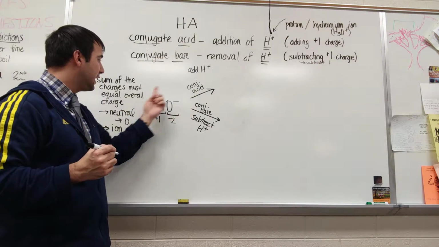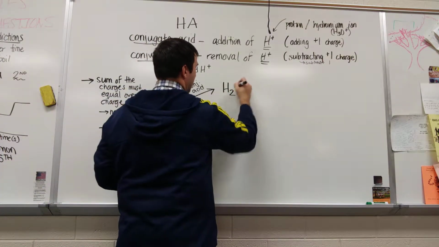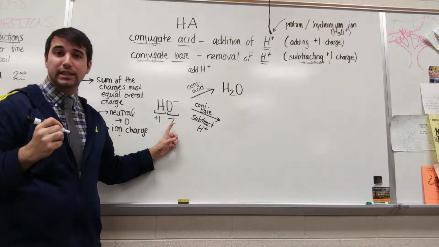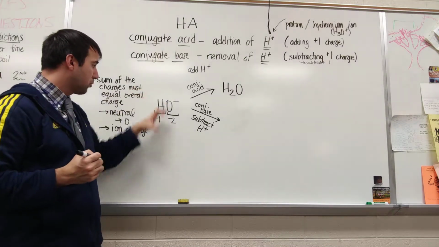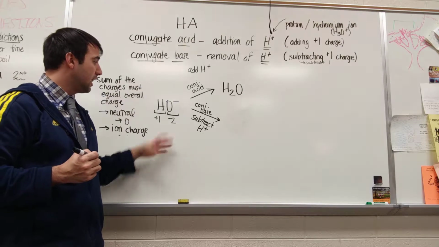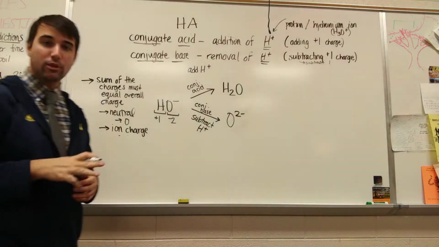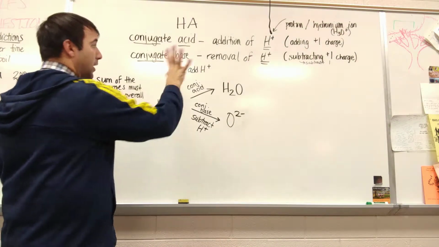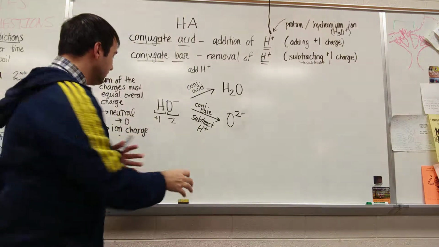If I add an H+ to OH-, I get H2O. If I want to make the conjugate base of OH-, I want to subtract H+, and I'm going to be left with O2-. So that was a bunch of examples about making conjugate acids and bases.